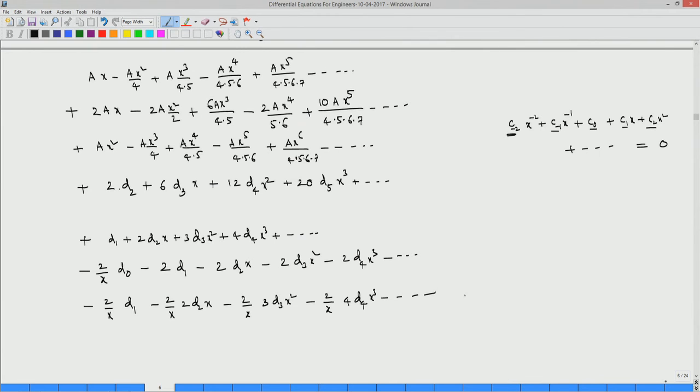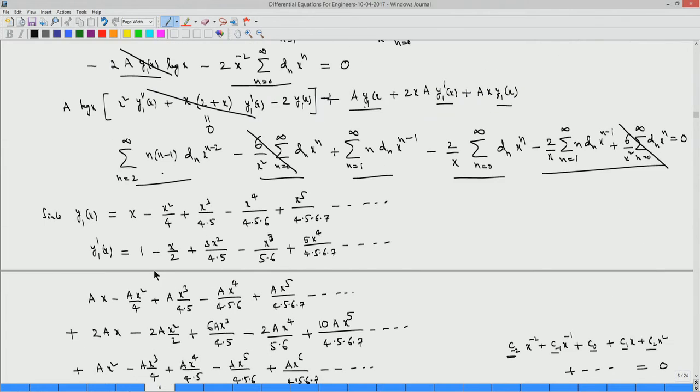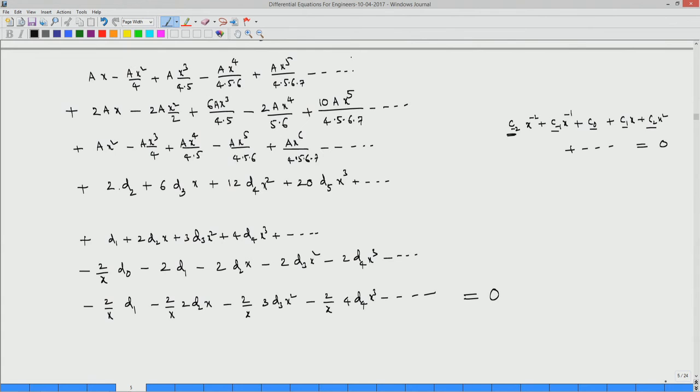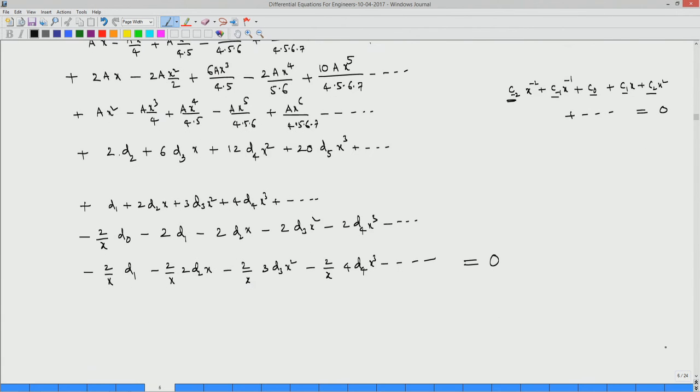So, that is what is equal to 0. So, I have now 1 2 3 4 5 6 7 series which are 0. You have 3 terms here, 4 5 6 7. Okay. These 2 series get cancelled. So, now make the coefficients of x power minus 2 zero.